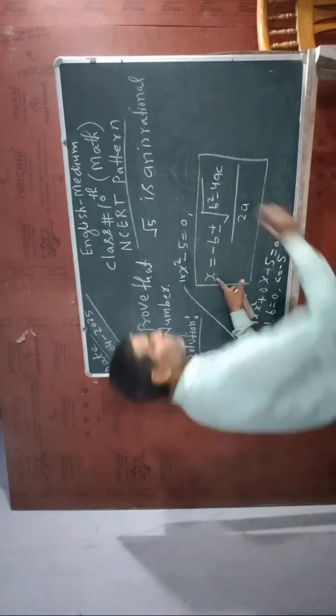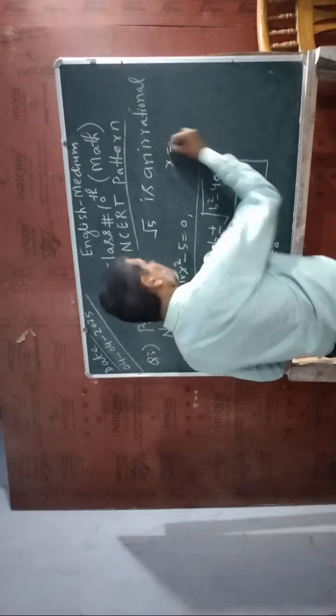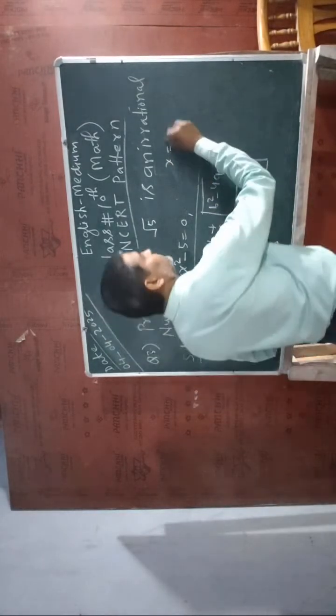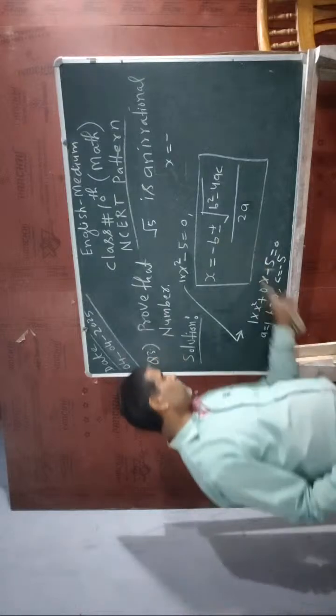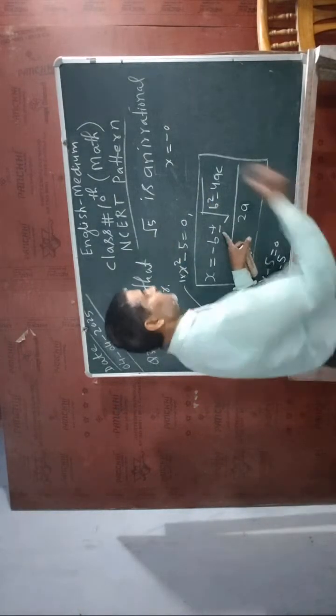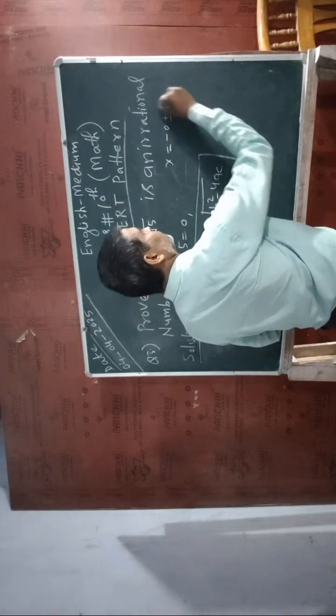Now here I am putting x is equal to minus b. The value of b is 0, so I will put 0 here. Now in the formula it is written plus minus, so I will write plus minus.